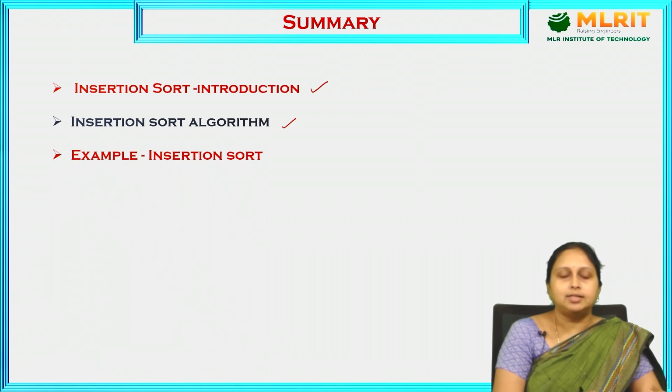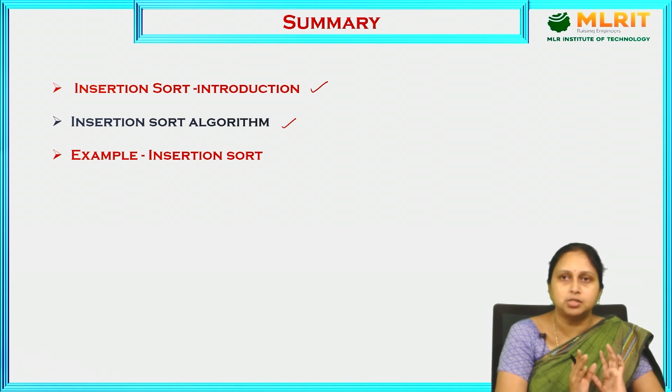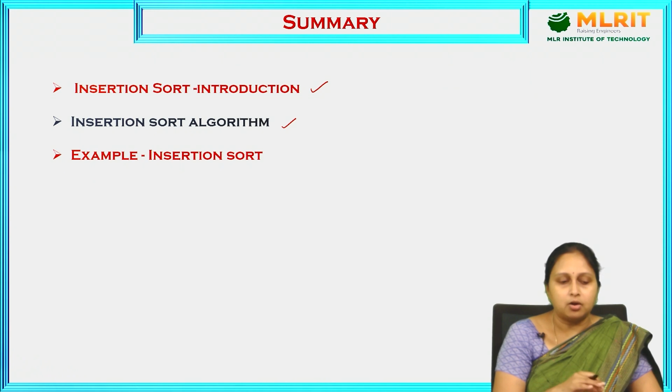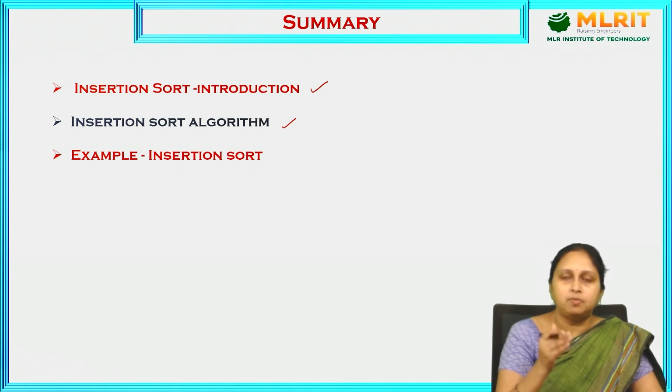Then we have also seen an example, where we have taken a list of elements. At the starting, we do not have any sorted elements. The first element will be considered as the sorted element, and the remaining elements are going to be placed in the appropriate position, right? According to that, we have seen an example with the different passes also.